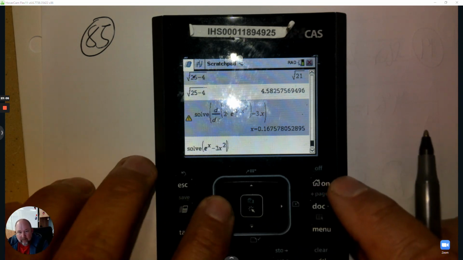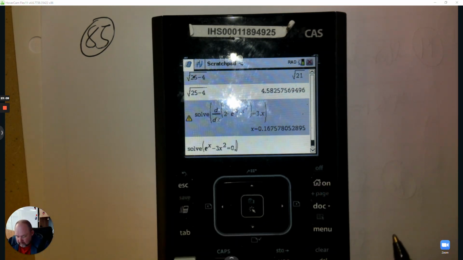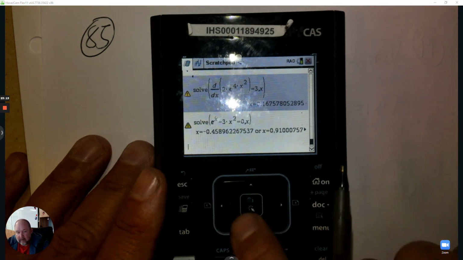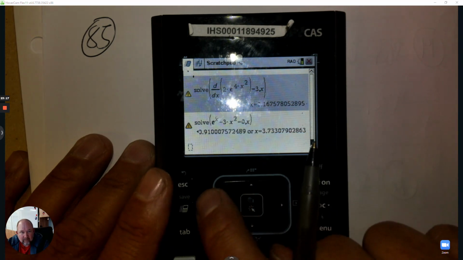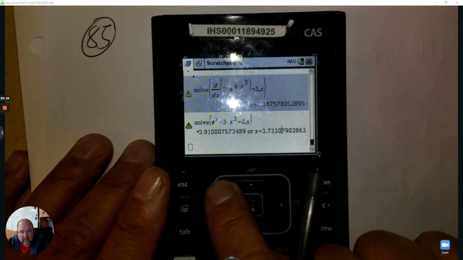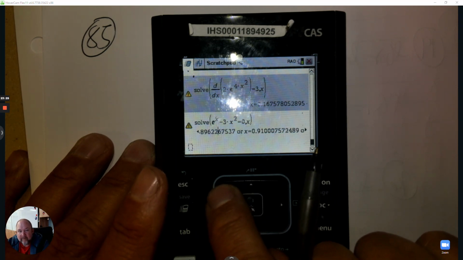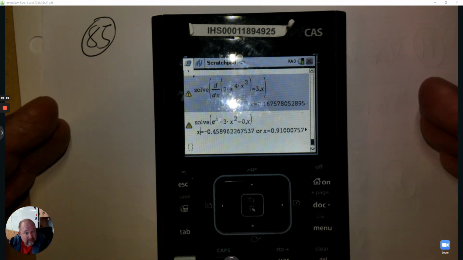And I'm going to make it equal to 0 and solve it. These are the critical values. All right, so we have a bunch of answers here. So we have 3.7, 0.91, negative 0.45. So we have a few answers here.